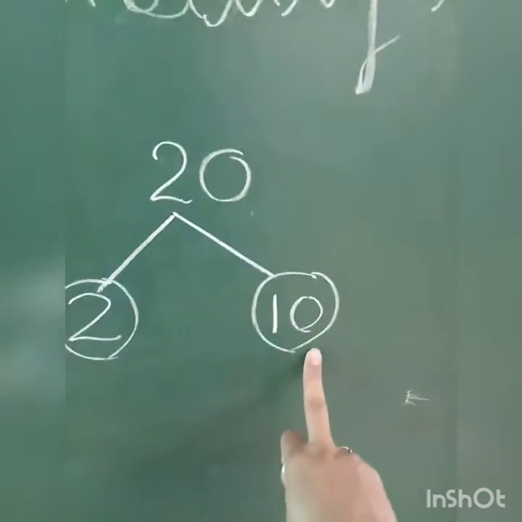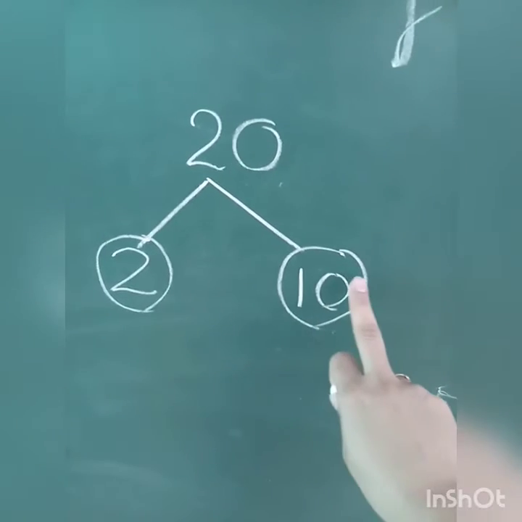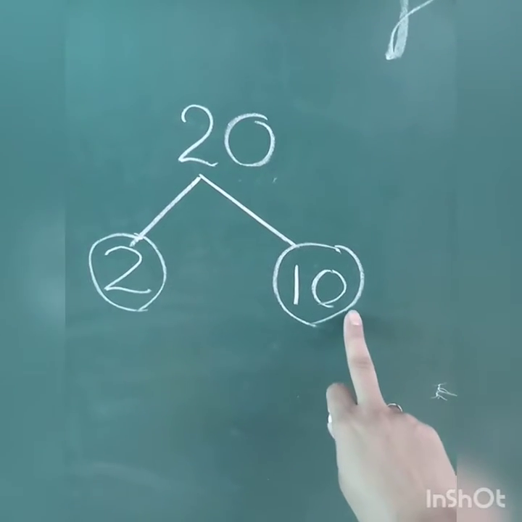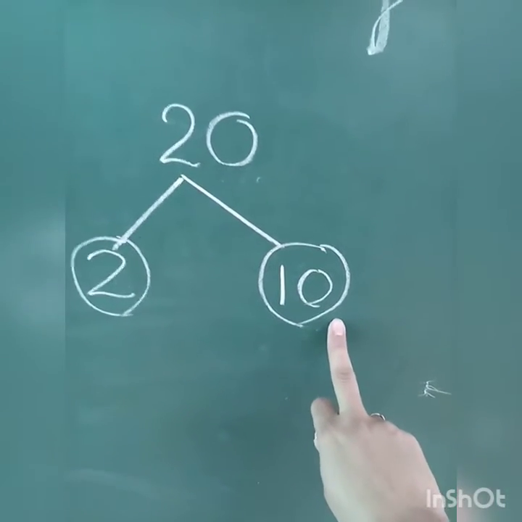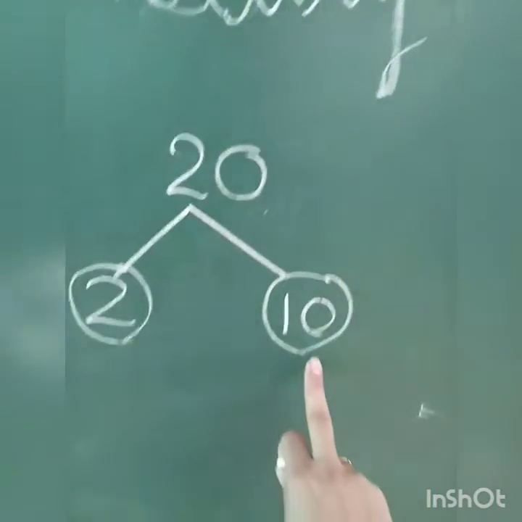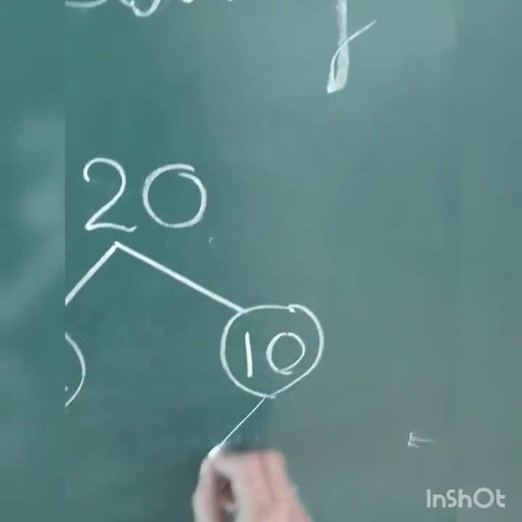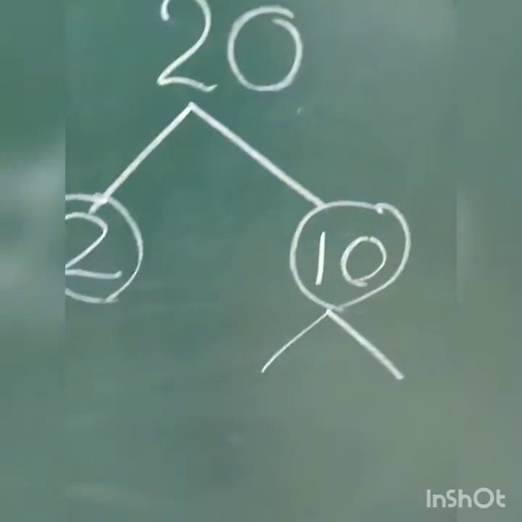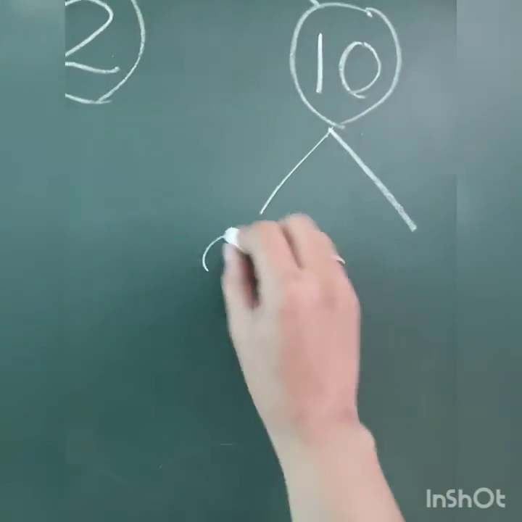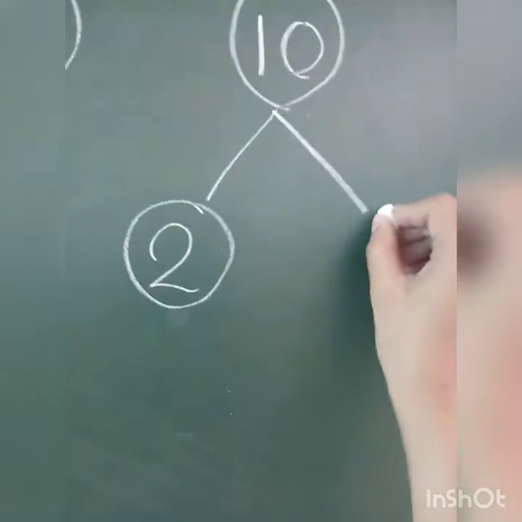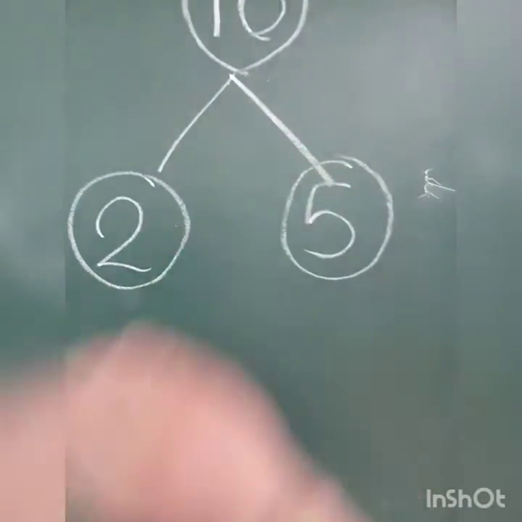Again we have to factorize this number 10. At the ones place here is 0. That means again we can use the divisibility rule of 2. So 10 is divisible by 2. I will write in this way: 2 5s are 10.